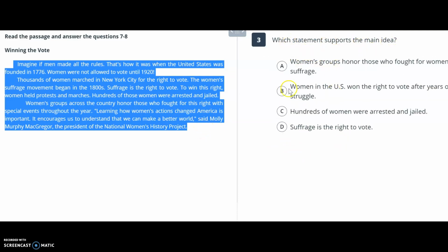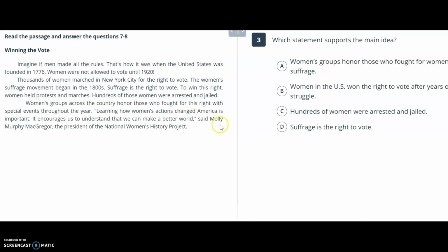Which statement supports the main idea that women got the right to vote? That women's groups honor those who fought for women's suffrage? That women in the United States won the right to vote after years of struggle? That hundreds of women were arrested and jailed?